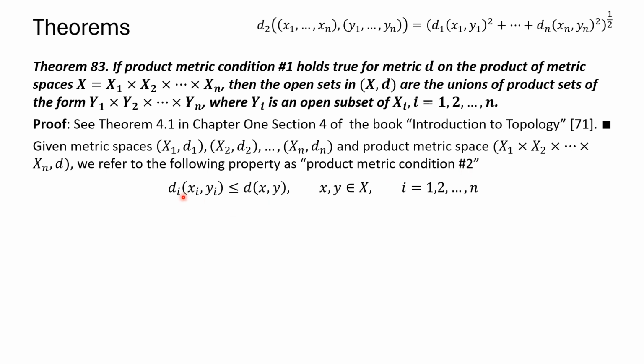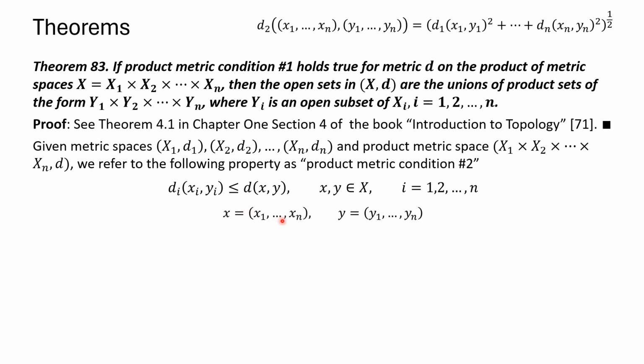And it's saying that the ith distance here for the ith metric in this list is always less than or equal to the distance between the two elements in our overall metric space X, this product here.